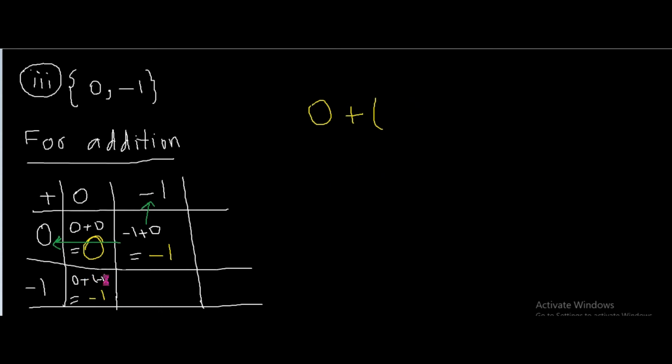Now for the last, fourth box, we have to give the result. In the fourth box you can see that the upper input is -1, while the left side input is also -1. Both are -1. Therefore you will be adding both of these entries, -1 and -1, in this box.